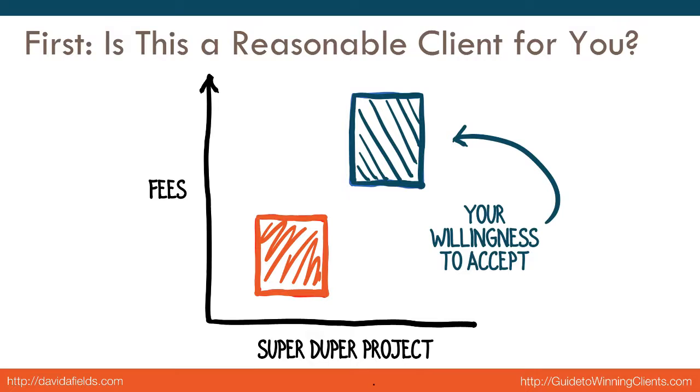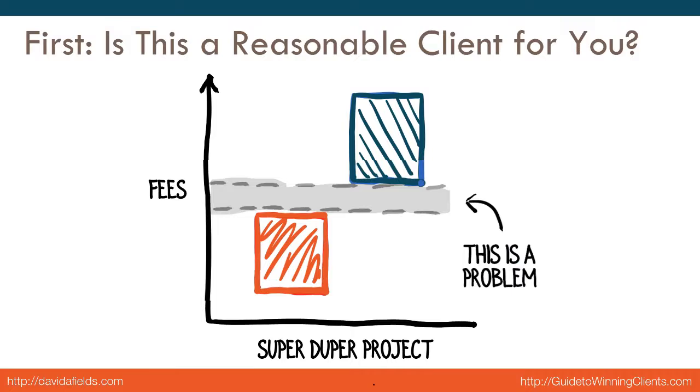And if the top of his range is below the bottom of yours, you have a problem. There's just no sense in spending tons of time doing research and coming up with a proposal if you're never going to meet on fees. And if that's the case, you want to find that out as early as possible.